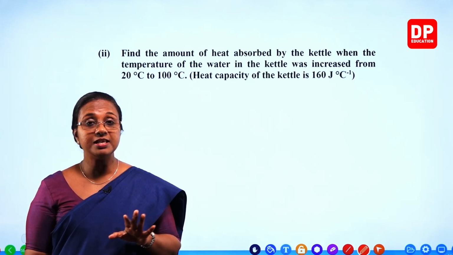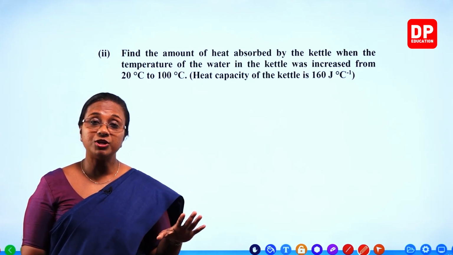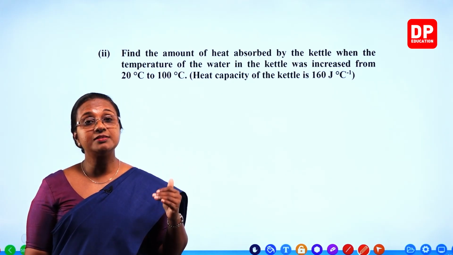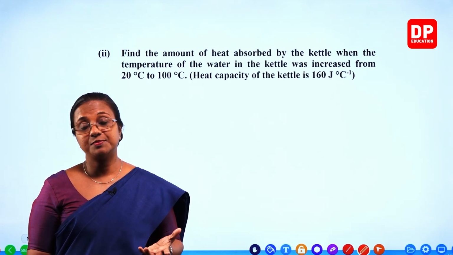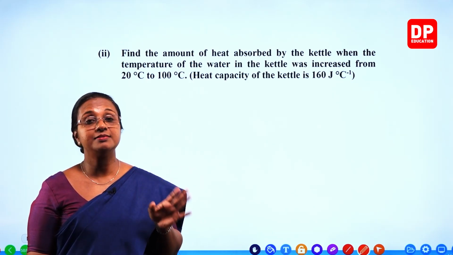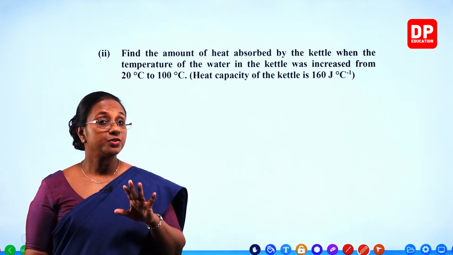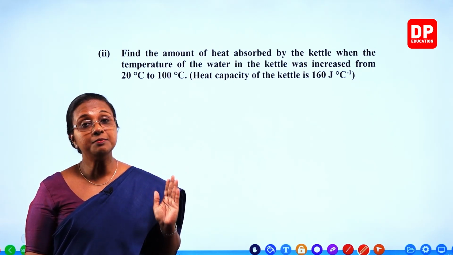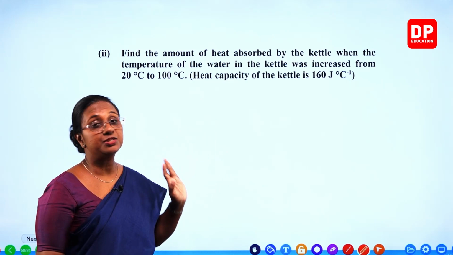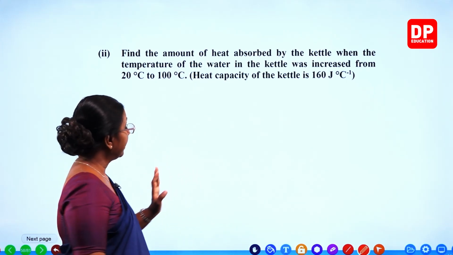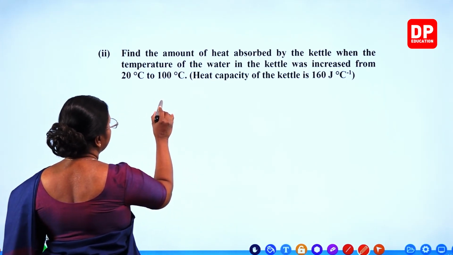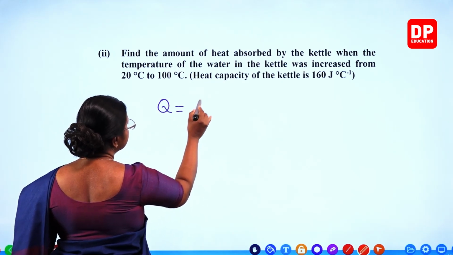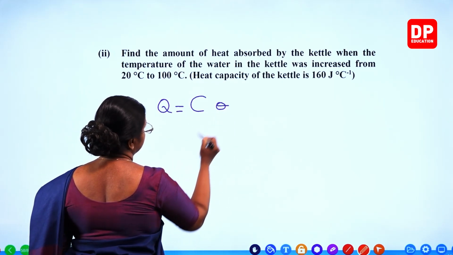What is the difference? Heat capacity is the amount of heat required to increase the temperature of a substance by 1 degree Celsius or 1 Kelvin. So here we don't need to consider the mass, and the mass of the kettle is not given also. So then we can calculate the heat Q as C theta.